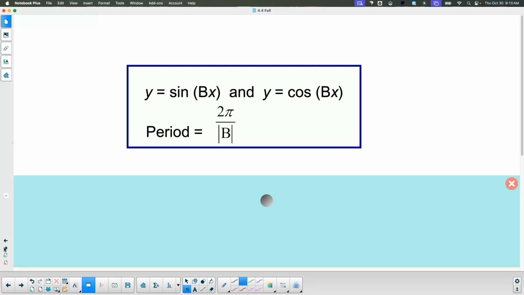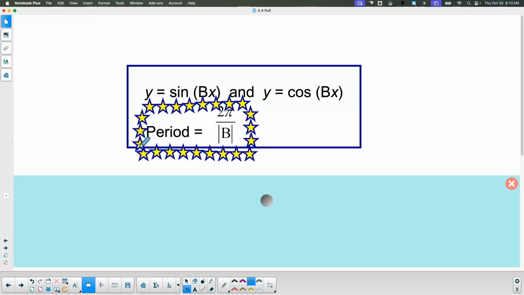This right here is so important, I think we need to get a little creative with it. Oops, I gotta erase now a little bit right around here so we can see it. There, okay? The period, so the length of your period, which is the horizontal distance that it takes to make one lap, is equal to 2 pi divided by the absolute value of b.